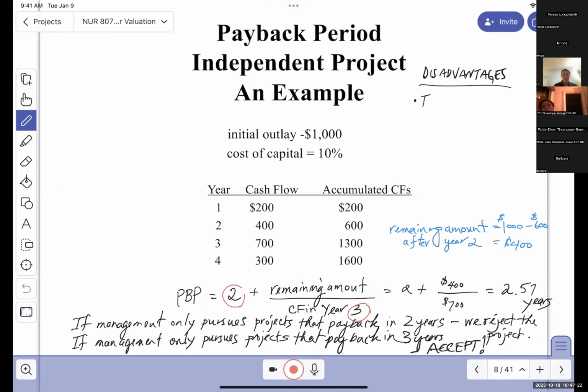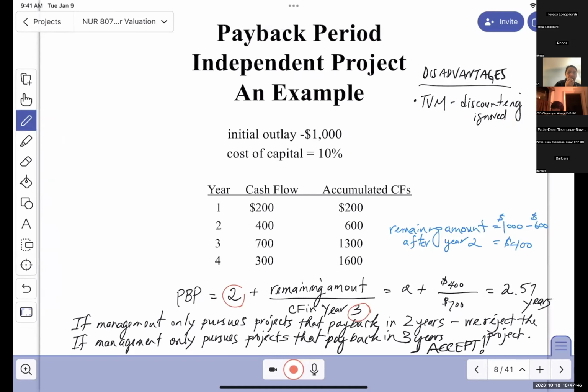We didn't do any time value of money, discounting of anything. We just went for it, right? Because we discount, since we know future cash flows are not worth as much as the current ones. So we didn't even think about that. So that's kind of a problem.